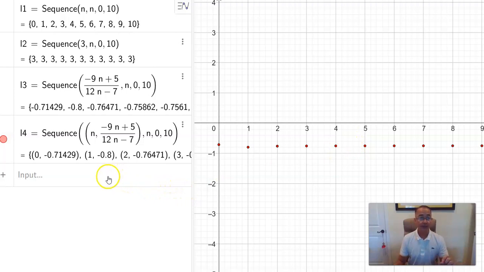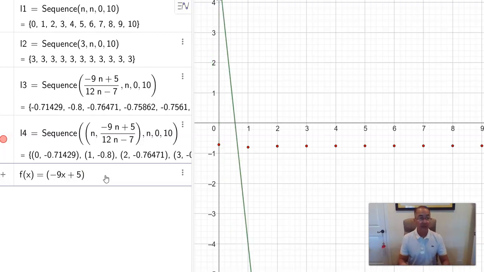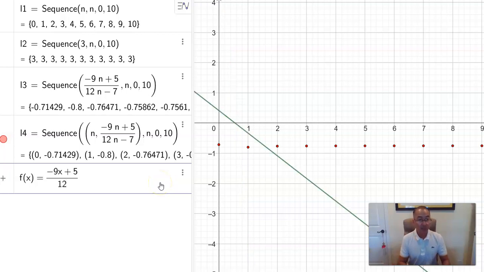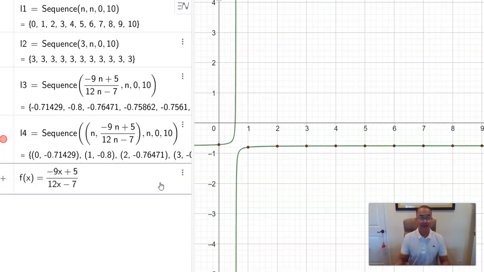Now, horizontal asymptotes and functions, and the limit of a function. This sequence obviously comes from a rational function. So we can write f of x equals negative 9x plus 5 divided by 12x minus 7.